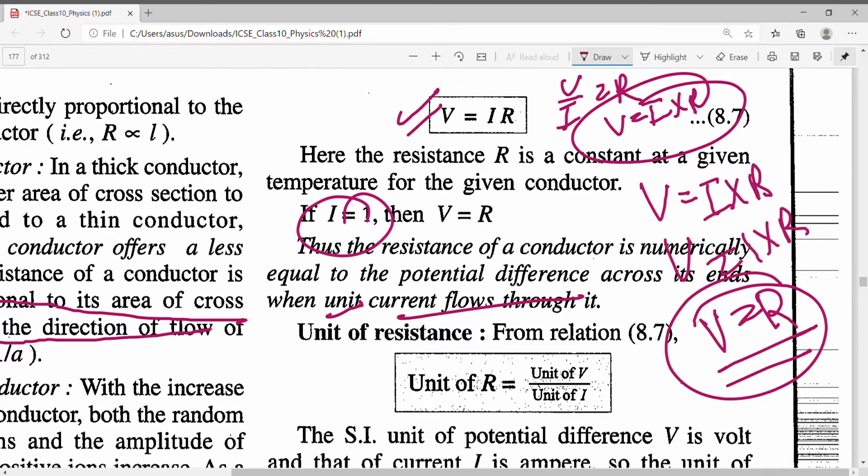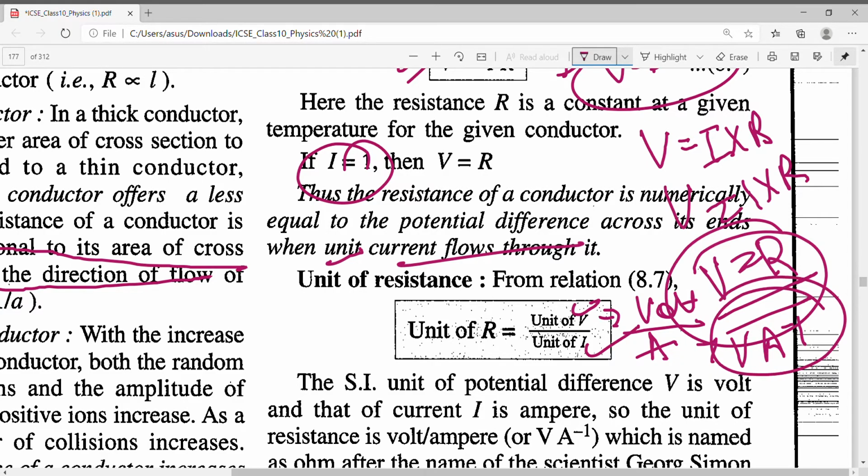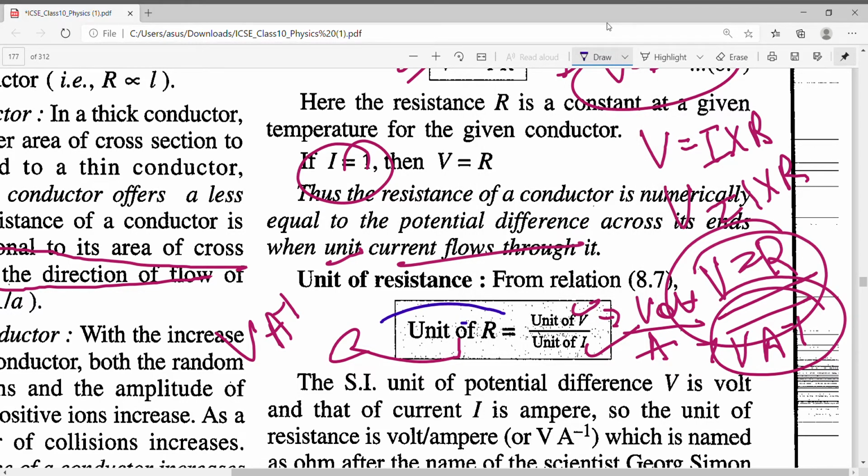So the unit of resistance would be the unit of potential difference upon the unit of current. The unit of potential difference is volts, right? And the unit of current is ampere. So volt per ampere is the SI unit of resistance. I hope you are clear with the unit.